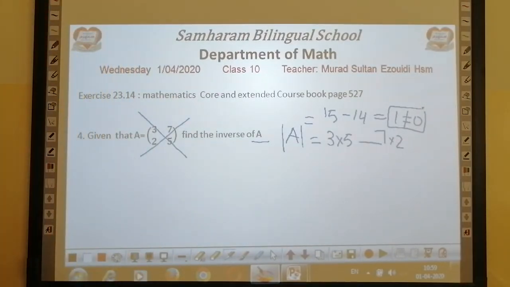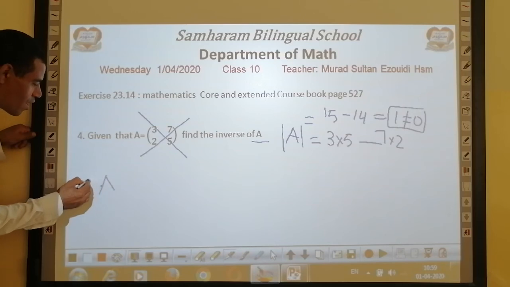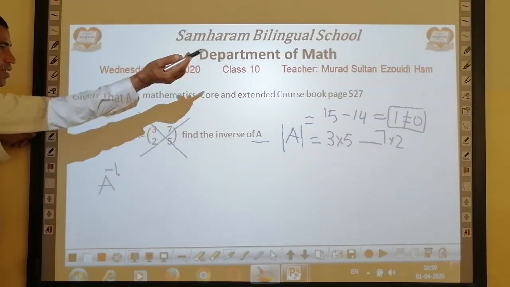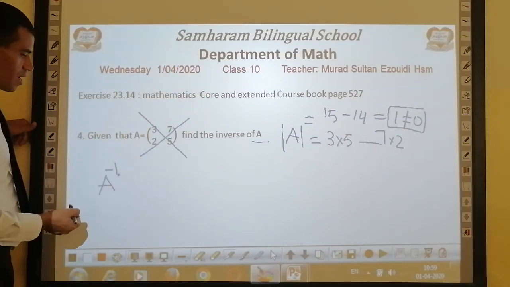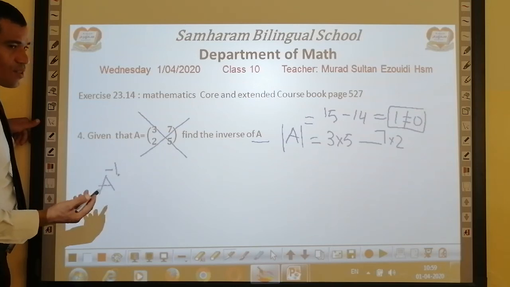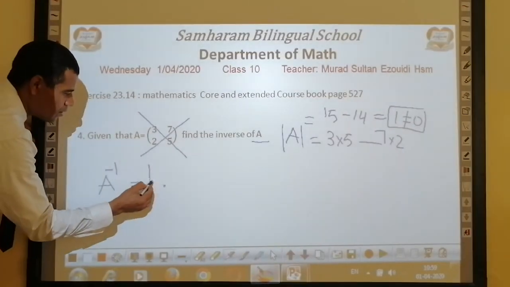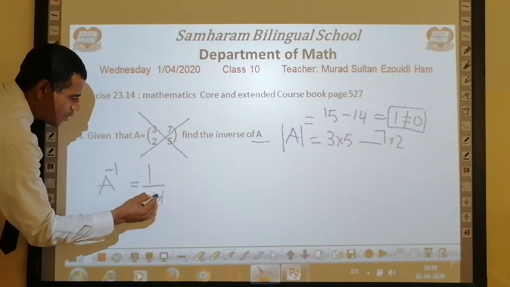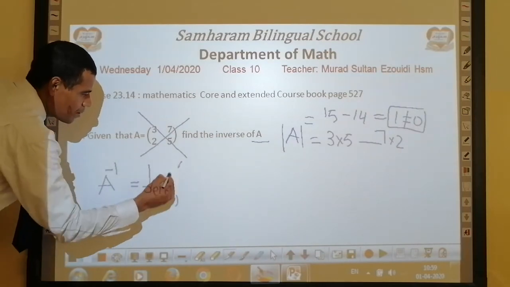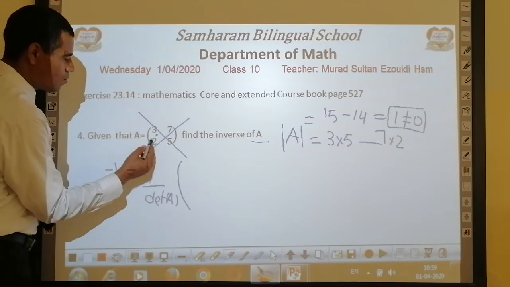Okay? Now we try to find the inverse. The inverse of A, my kids, as the determinant is different to 0, means it has an inverse, means the matrix is non-singular. So it will be 1 divided by the determinant of A multiplied by the adjoint. What is the adjoint?